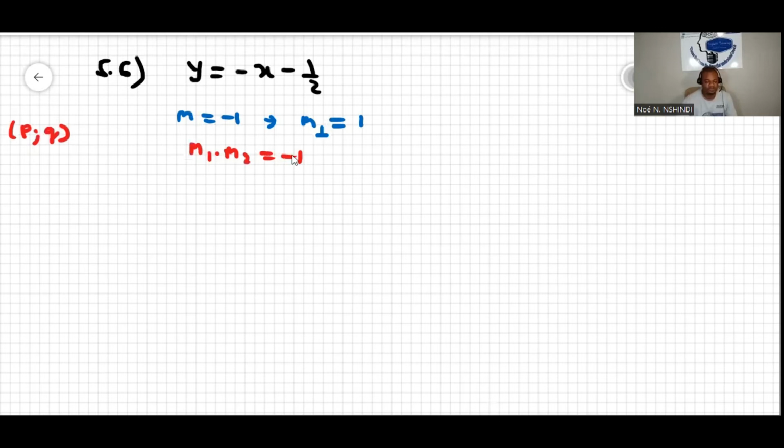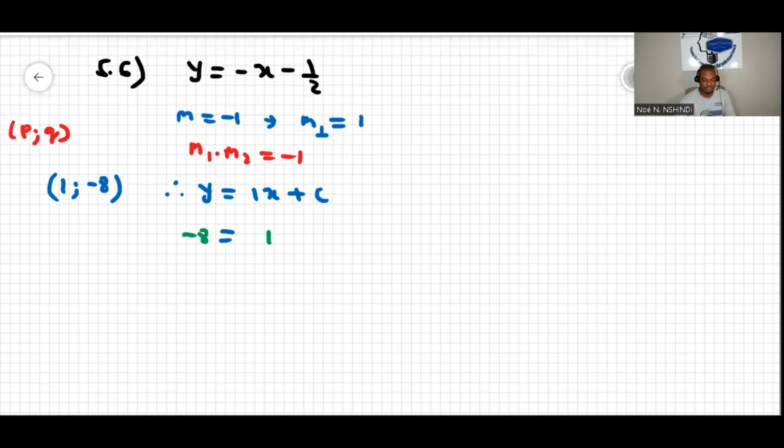So therefore, the other line will be y equals 1x plus c. Now, because we're reflecting the point P, given by the values 1 and -8, we're going to substitute this point over here. y is -8 and x is 1.